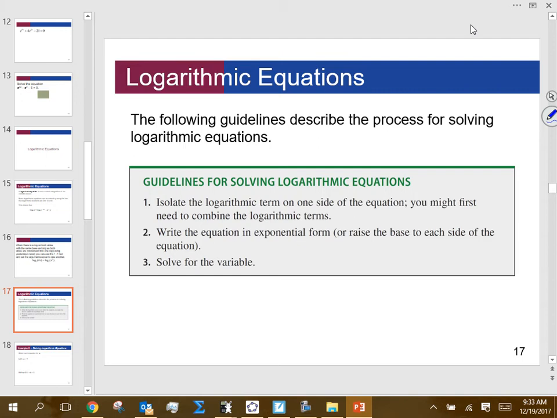Steps 2 and 3 are then basically showing you to use the inverse operations. If you have one logarithm on the left-hand side, you can use your definition of a logarithm to change it to an exponential, and you can solve it. And that will open your eyes to what x is. Once you use the exponential, you develop either a linear equation, a quadratic equation, a cubic equation.